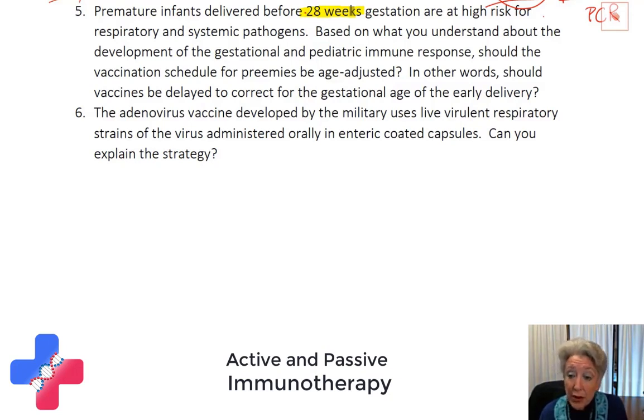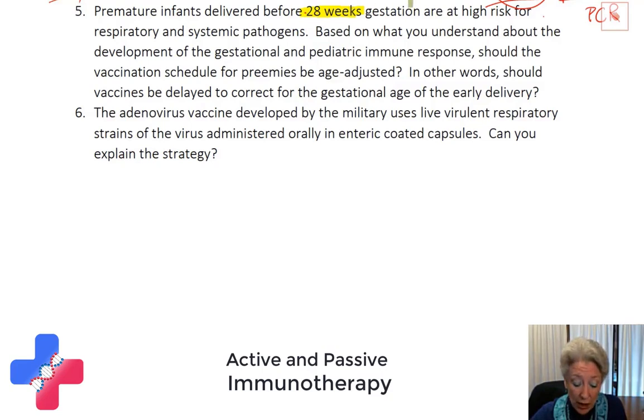So really it ends up being a case-by-case basis of evaluating what is the likelihood that this child could be exposed to something that would be dangerous, and what are my chances that that immune response would be capable of being turned on at that stage of gestation. But normally, we do not. We normally use the same policy even in preemies, although that conversation is still ongoing.